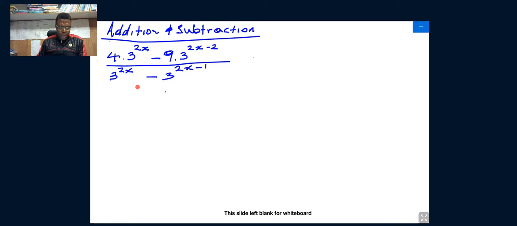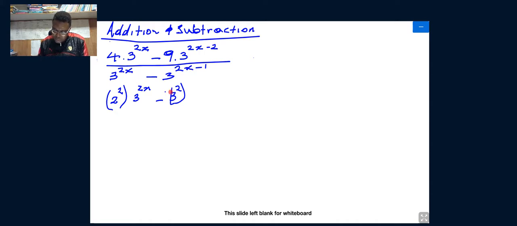What can we do with this information? We can just rearrange. 2 to the power 2 represents 4. And we have 3 to the power 2x, subtracting a 3 to the power 2 representing a 9.